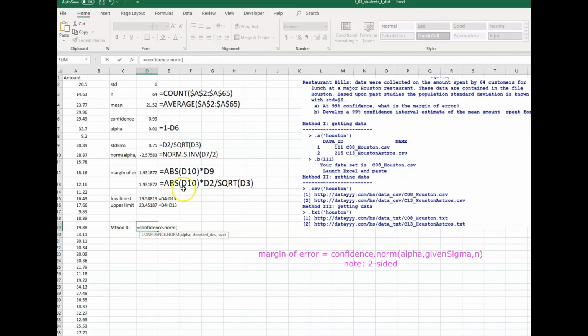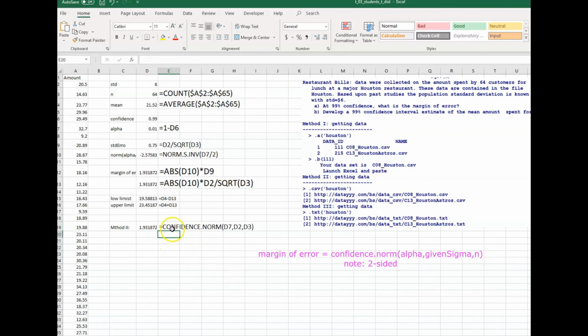The first value is alpha, the second value is standard deviation because it's given, it's 6, and the size is 64. We got the same result. I'm going to use show formula. So this is CONFIDENCE.NORM, based on the normal distribution.